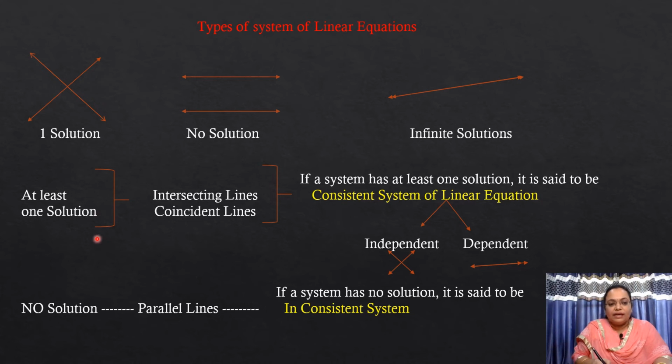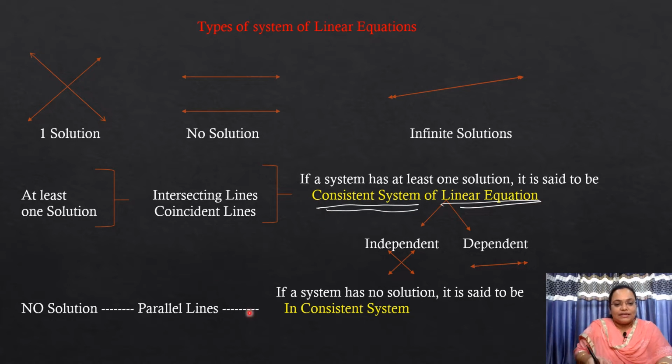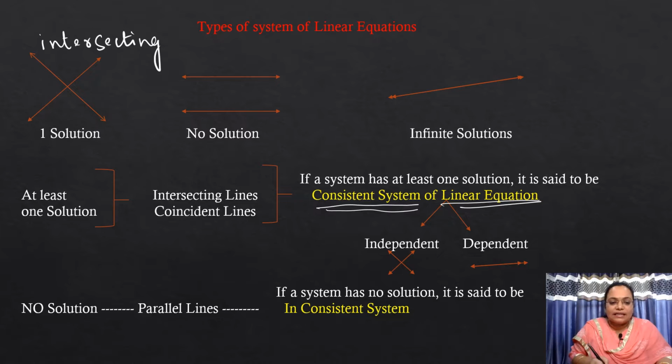We have already seen consistent system of linear equations, right? So what is consistent system? If you have at least one solution, it is said to be a consistent system of linear equations. What comes under consistent system? Intersecting lines, because intersecting line have one solution, right?